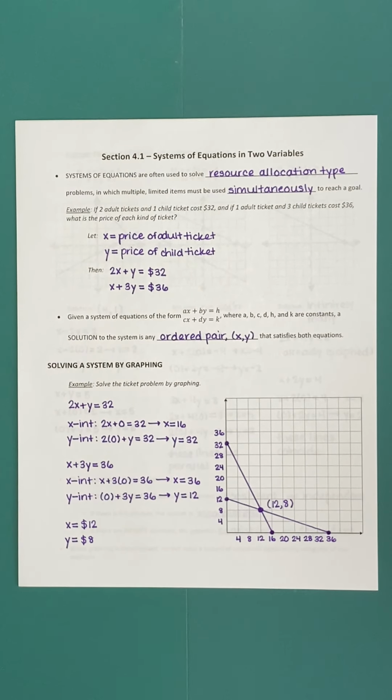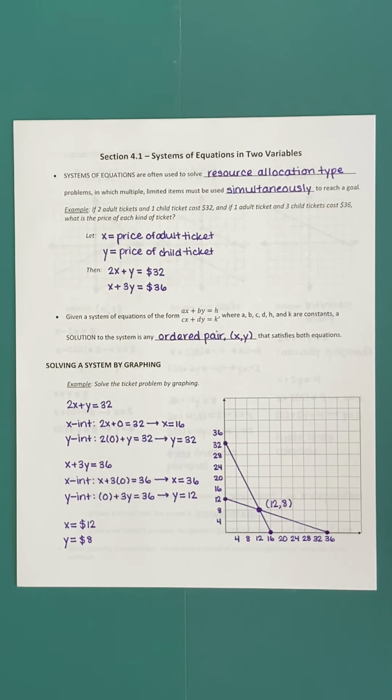If you see a problem like this, your immediate thought might be guess and check. So just pick some values, plug them in, see if they work. Technically, yes, you can do something like that. The problem though is what happens if the prices for these tickets are not whole dollar amounts? What if they involve cents? What if something is $1.25, something like that?